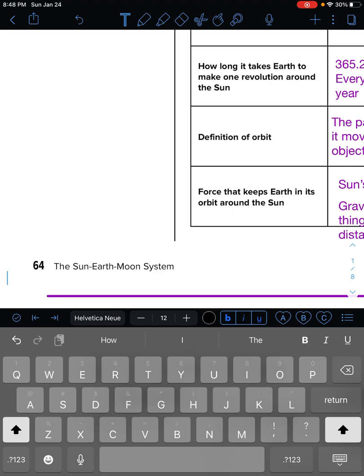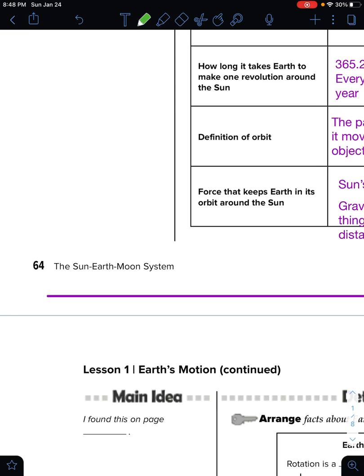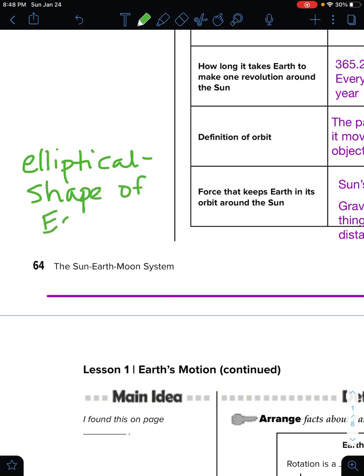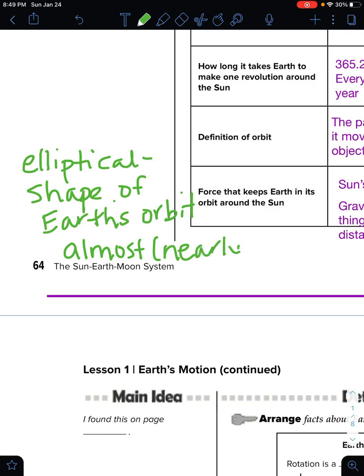So a couple of things I want us to write here in our margin will be that elliptical is the shape of Earth's orbit. And it is almost, nearly circular.